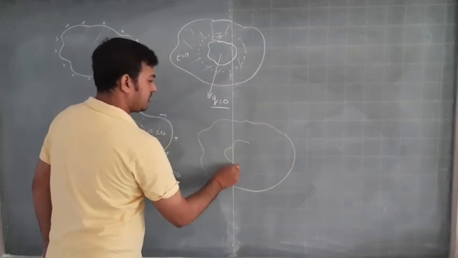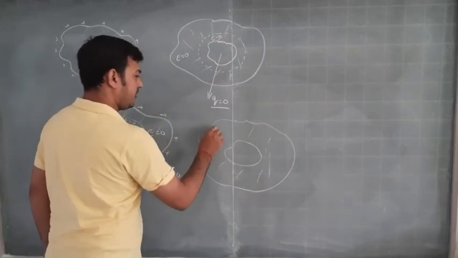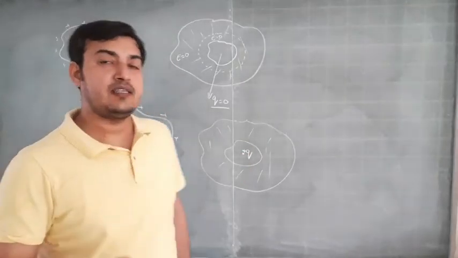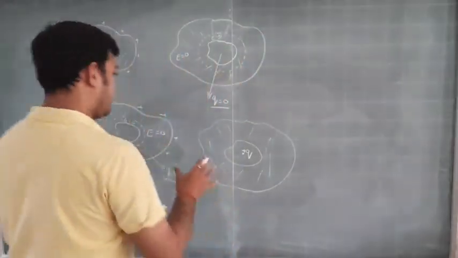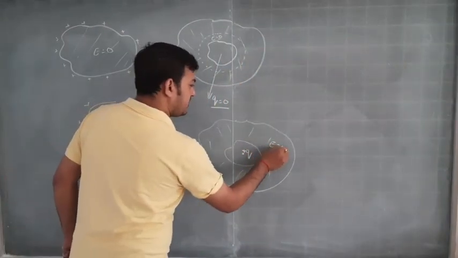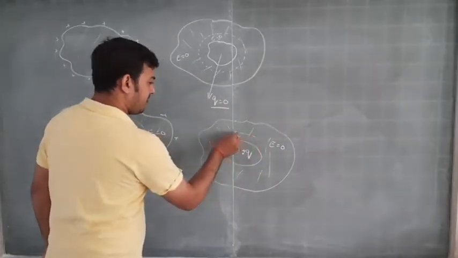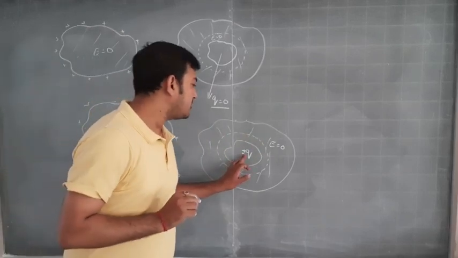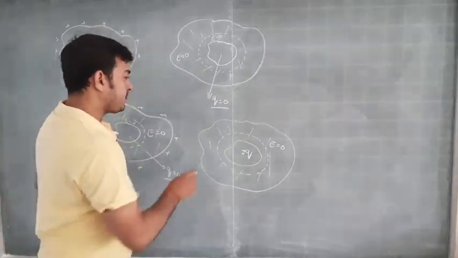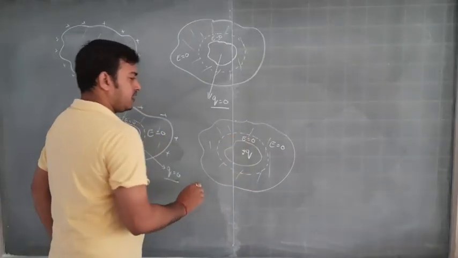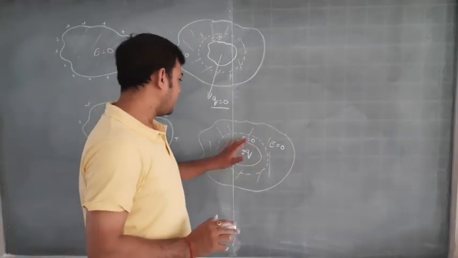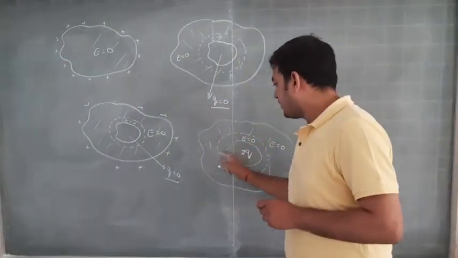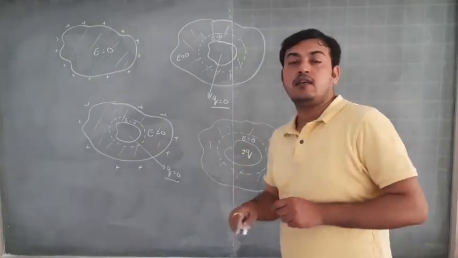Sometimes it happens that I have a charge of plus q placed inside the cavity. So what will happen in this situation? As we know, the field inside the conductor is always 0, and if I draw a Gaussian surface over here, there is a net charge inside this Gaussian surface. The concept says that the field inside the conductor must be 0, and that is only possible when the net charge inside this surface is 0.